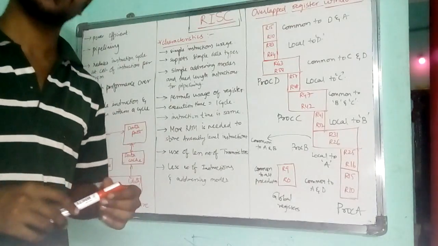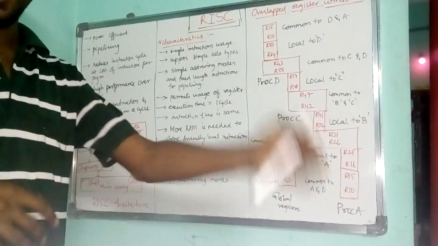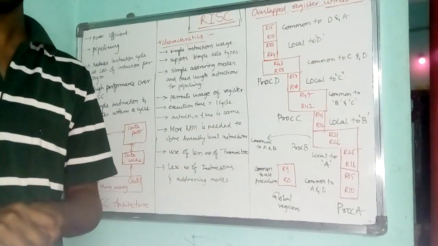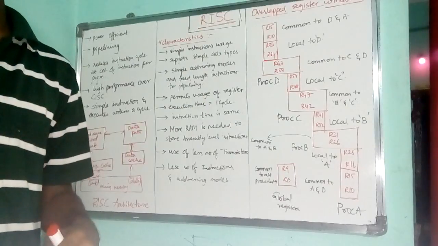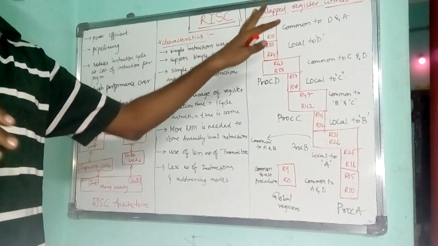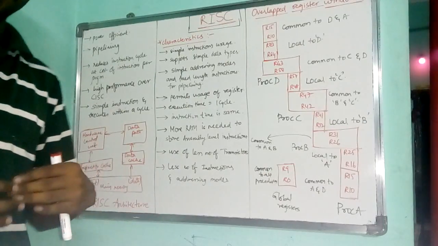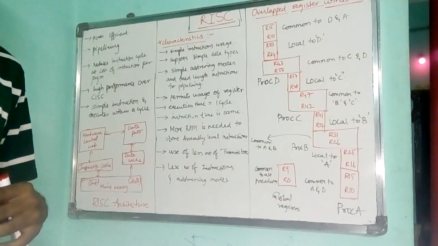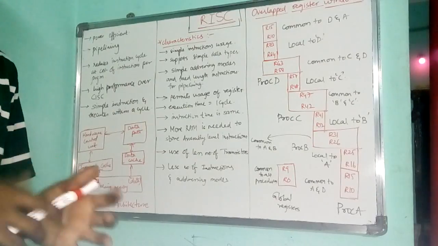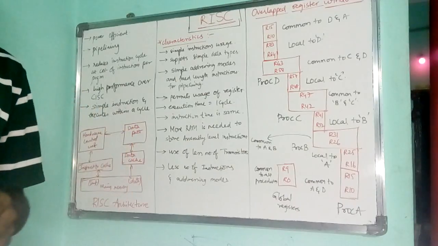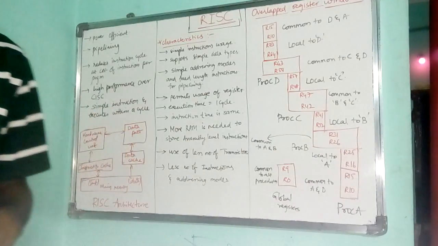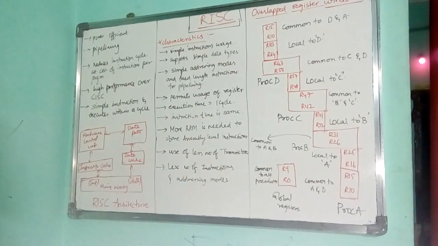When we translate that high level programming to machine level programming, the call operation gives us the basic instructions which affect the parameters of the procedure. That means it provides the instructions which are required to pass the parameters, to call the subroutine and to execute the body of the procedure.